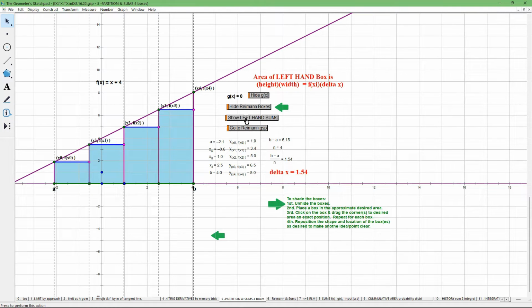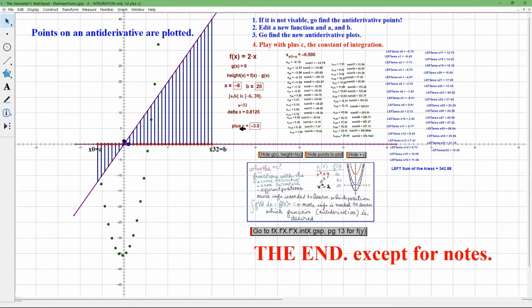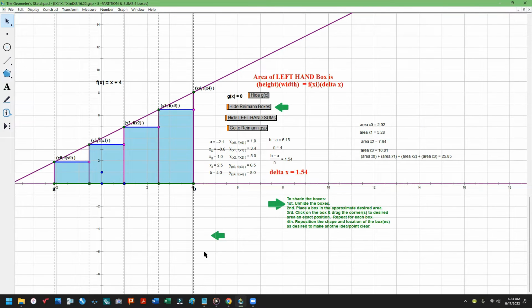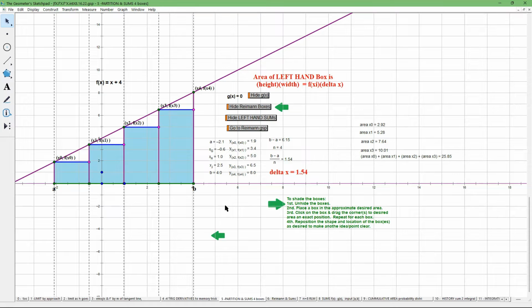I've hidden them. That's the computation I did for the area of the boxes. And I could go right to the Geometry Sketchpad for Riemann. I don't need that one. I'm going to close it. We're finished with this page.